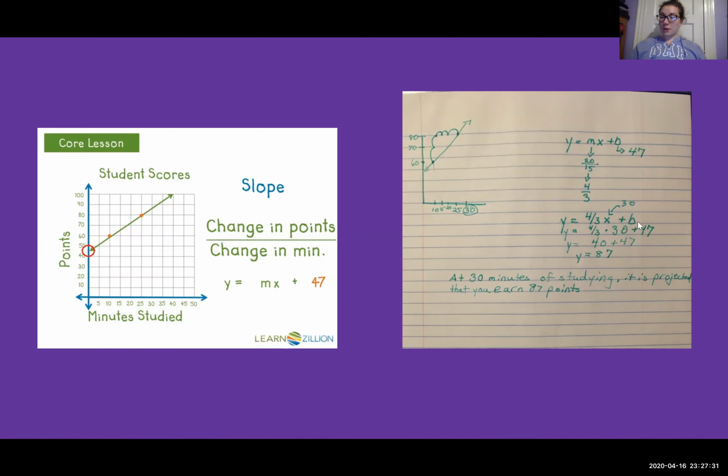And then step 2, we say at this value, so I picked 30, at 30, how many points will I earn? So we put in our input to get our output, and then you make a statement of what your prediction is, saying at 30 minutes of studying, it is projected that you will earn 87 points.